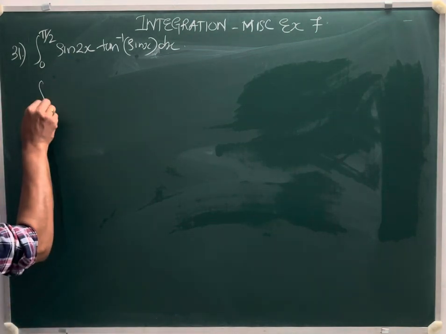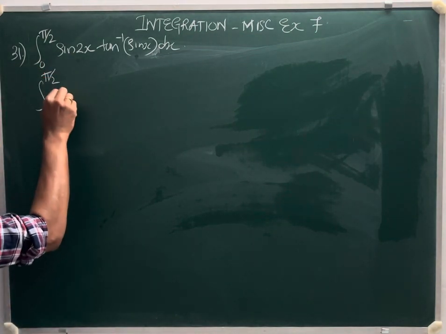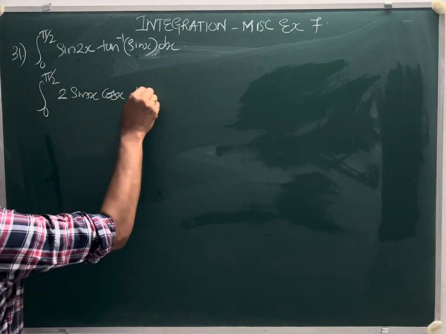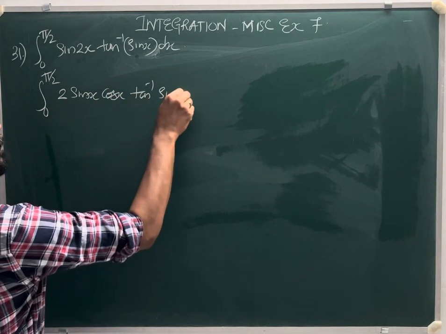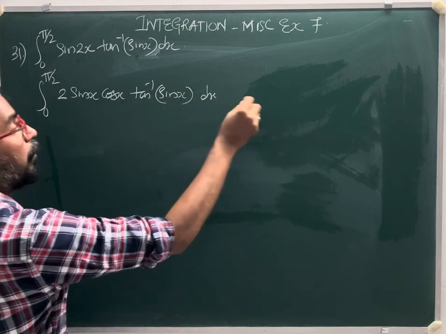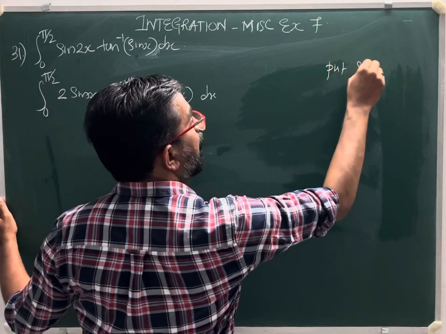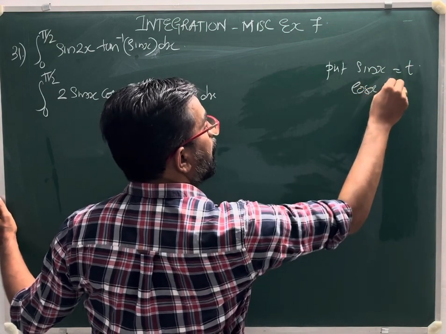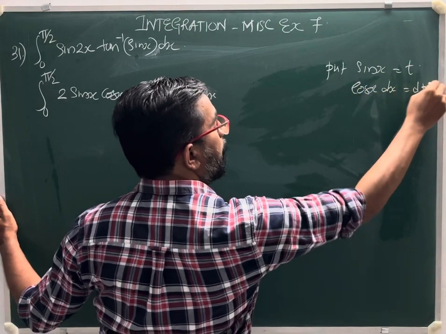So this will be written as integral from 0 to pi by 2 of 2 sin x cos x tan inverse sin x dx. Now I will put sin x equal to t. So the derivative is cos x dx equal to dt.